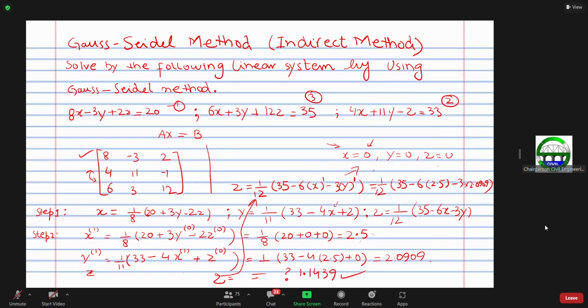Okay. So now iteration 2. In iteration 2, again, X in iteration 2 is equal to, now we will use the most recent values, 1 by 8, 20 plus 3 y1 minus 2 z1.